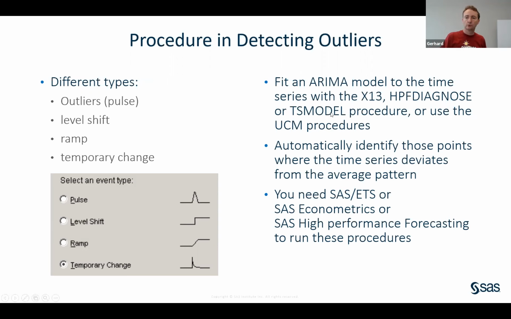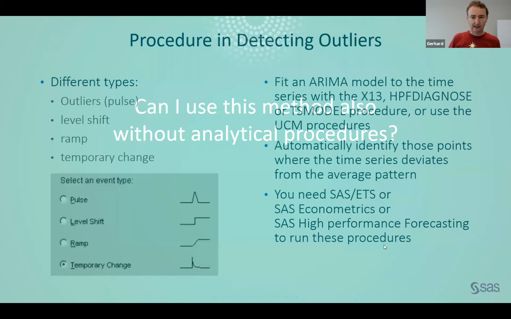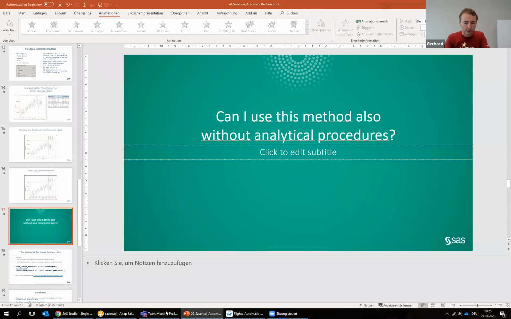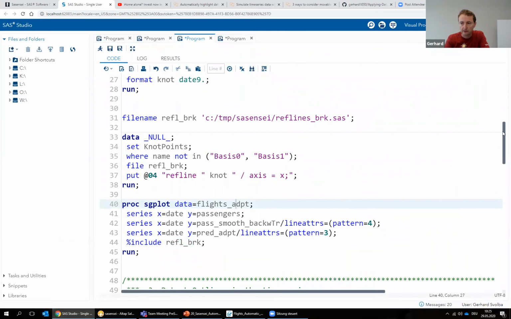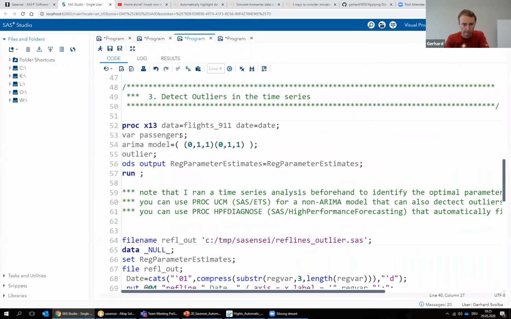Or if you want to use the HPF diagnose procedure, you need to have SAS high performance forecasting. But with these procedures, you can perform the following example that I'm going to show you here quickly. The way we are doing it is similar to what we've seen before. We're using the same data.